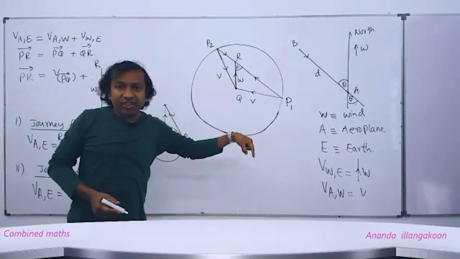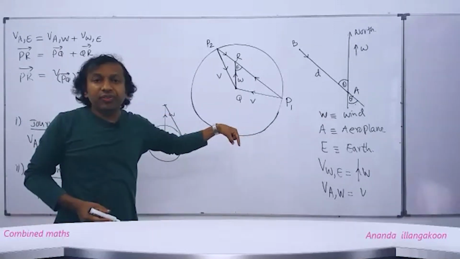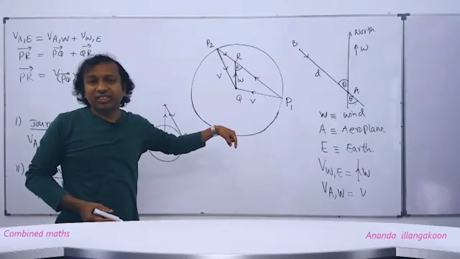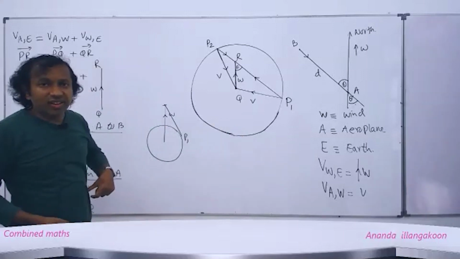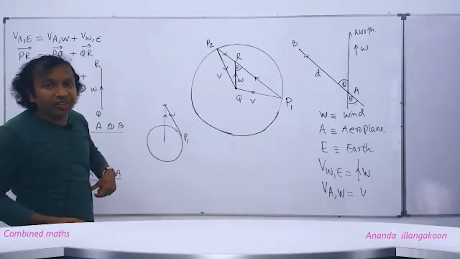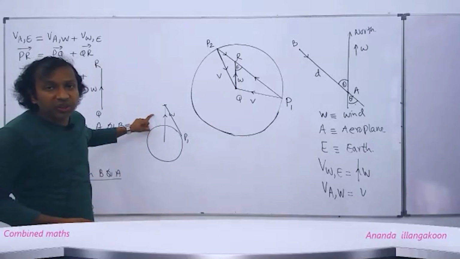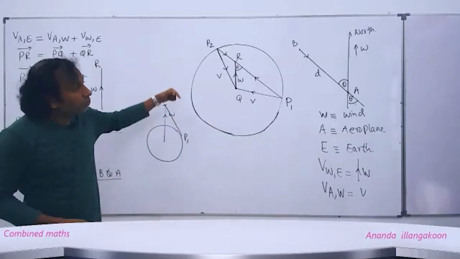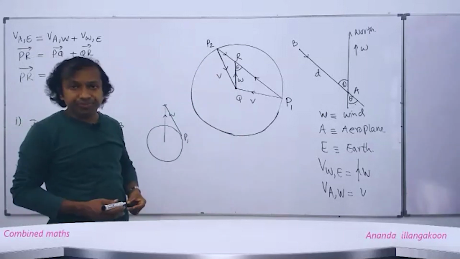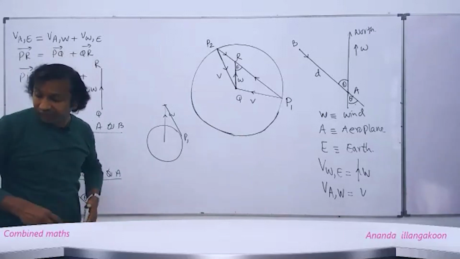In the backward direction, once the aeroplane begins to move, it can't move from B to A. The reason is there is no point on the circle for P2, so that P2R points in the direction B to A.